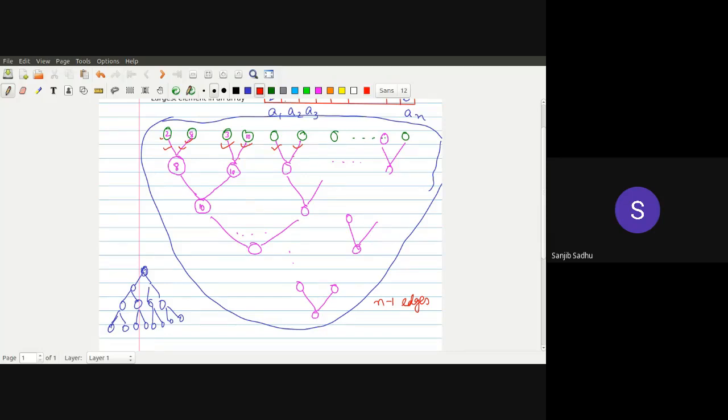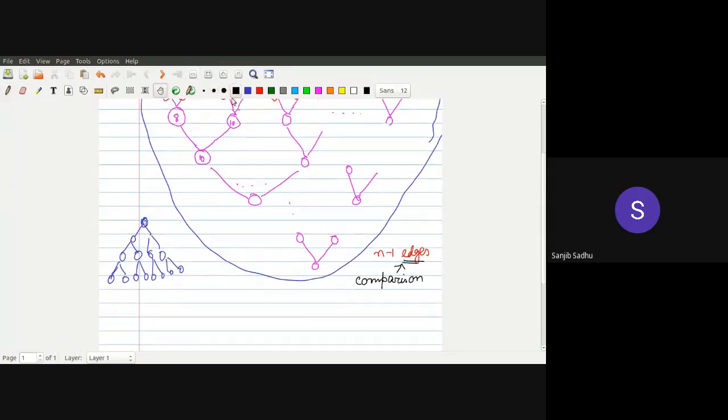So that means the basic simple structure is a tree, binary tree, and in this case n minus 1 edges are there. Now each edge corresponds to a comparison, that you are comparing the elements. So basically this is comparisons between two elements or two numbers, whatever you say.